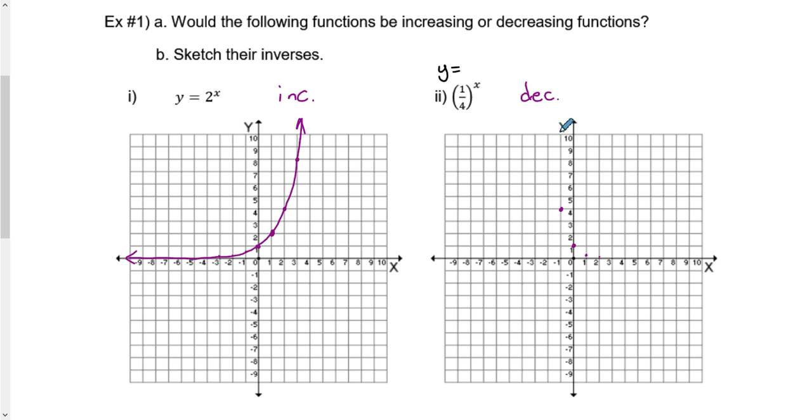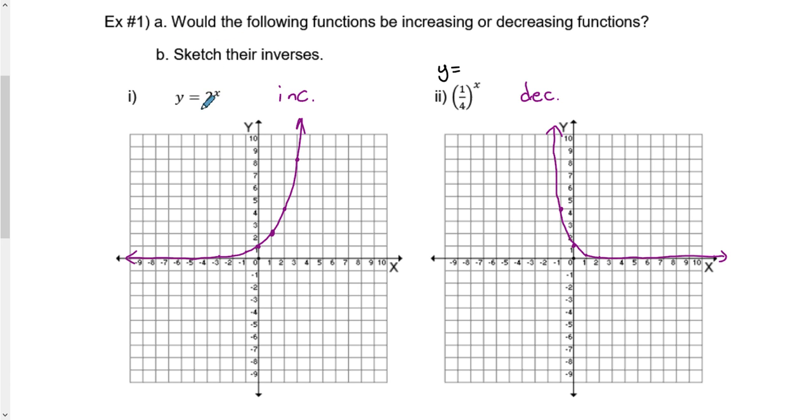So I'm going to try my best to sketch this one. So this exponential is looking like that. Again, that just ties back to our first unit and all that.